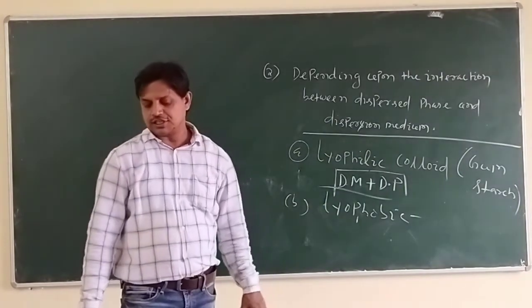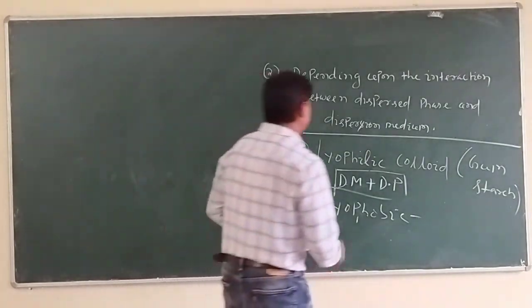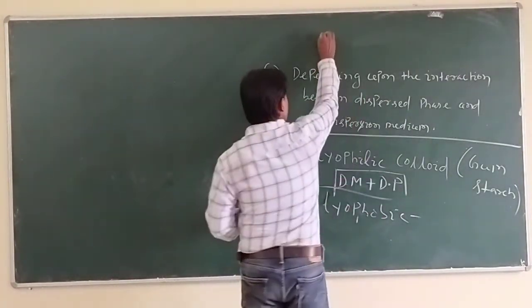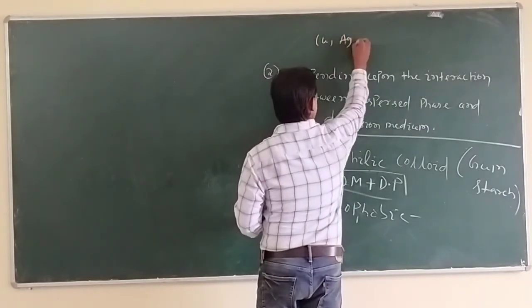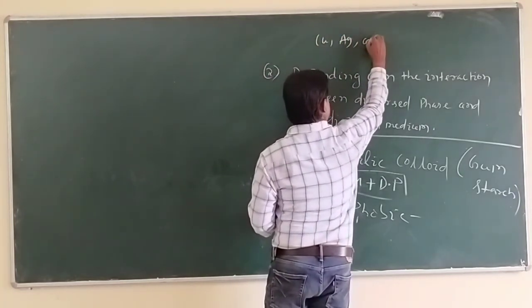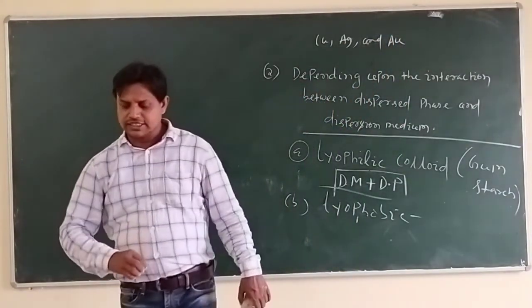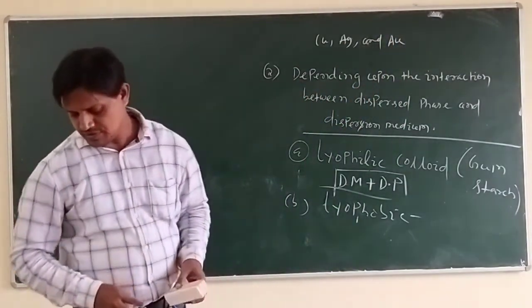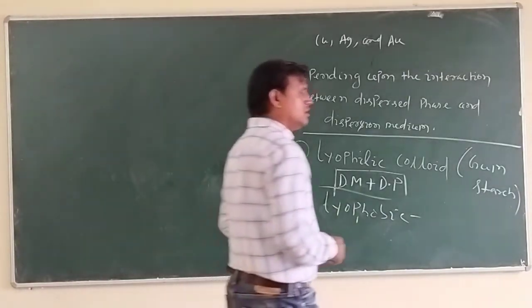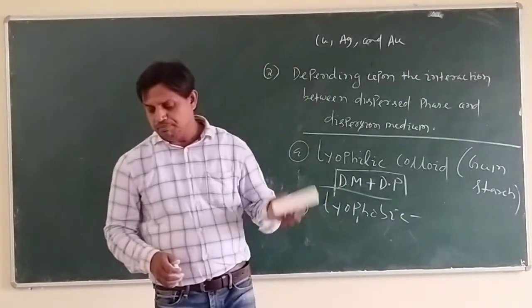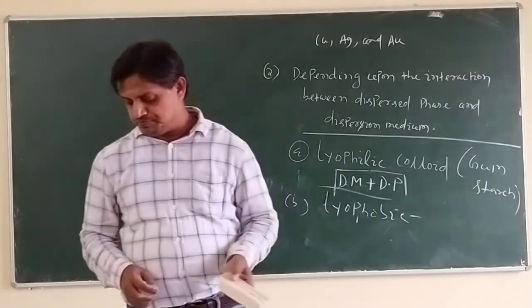Examples are solutions of metals like copper, Ag and Au.